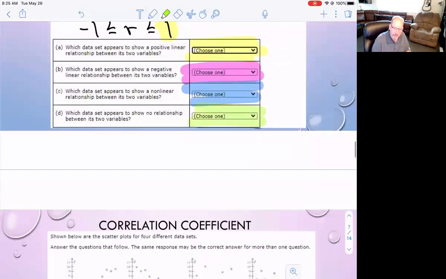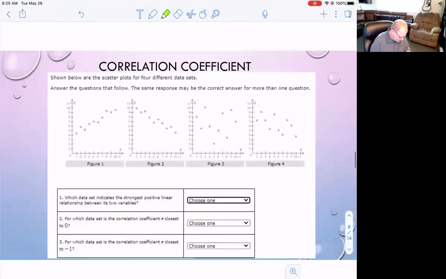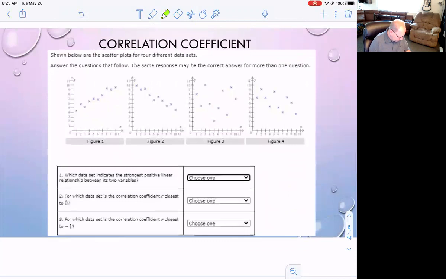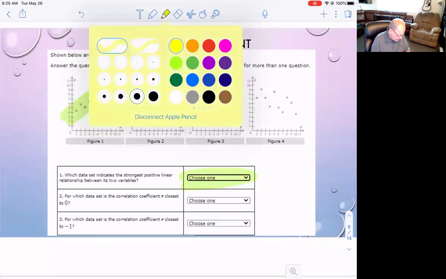Okay, so moving right along, correlation coefficient. Which data set indicates the strongest positive linear relationship? Strong positive. Well, look right here. Okay, for which data set is the correlation coefficient R closest to 0?